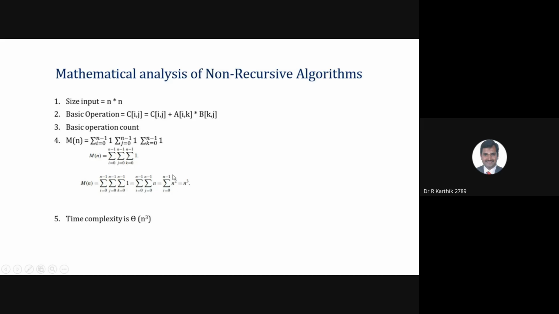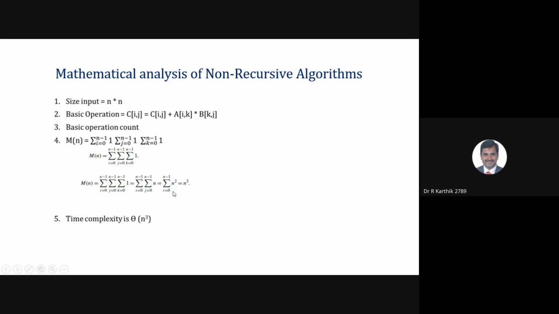So when you move this n square outside, it becomes summation i equals 0 to n minus 1, 1. Again, you apply the same formula n minus k plus 1, you will get n minus 1 minus 0 plus 1. Minus 1 plus 1 will be cancelled. You will get one more n. So we have 3 n's for this summation operation. So we will have the result as n cube. So the time complexity of the matrix multiplication operation is theta of n cube.